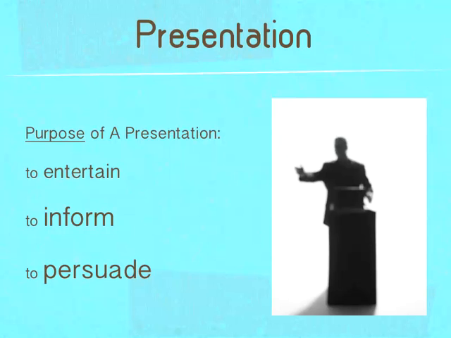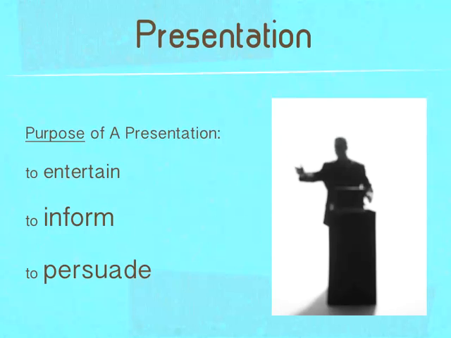A presentation to inform is the one where the speaker mainly stands in front of the audience to share information. So in an informative presentation, you are not trying to change people's minds, you just want to share information. But for a persuasive presentation, you don't just share information, you want to make people think and change their behavior.